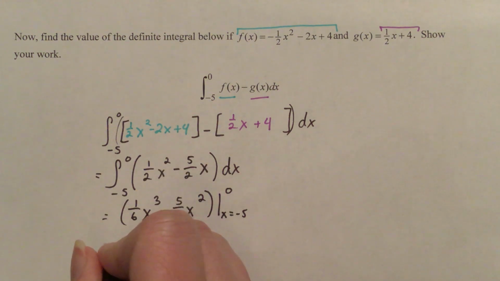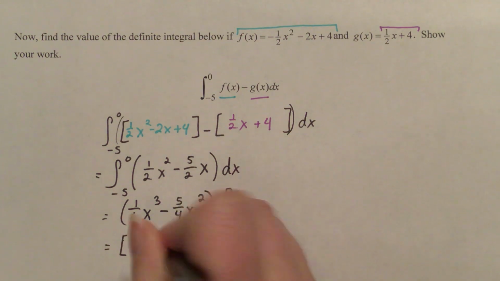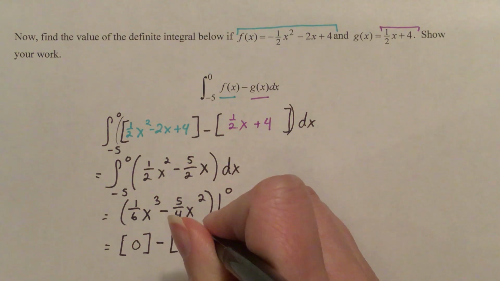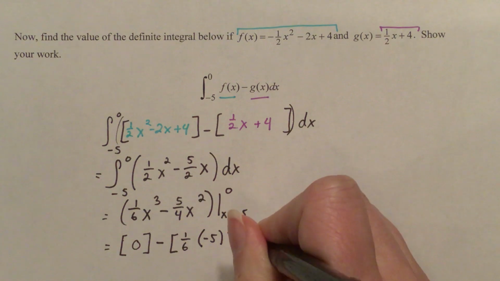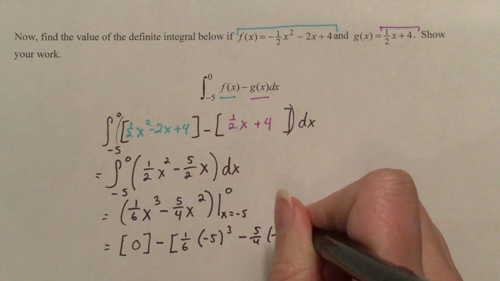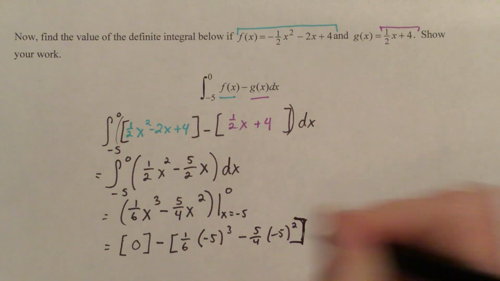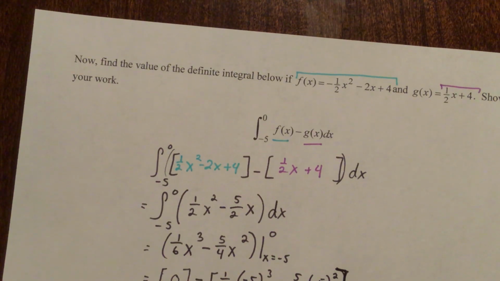Okay, we talked about plugging in 0 makes our first bracket 0. Plugging in -5 is going to be 1/6 times -5 cubed minus 5/4 times -5 squared. Whoops, bracket, not parentheses. Okay, so that's going to reduce, and it is hopefully not a surprise that this reduces to 125 over 12.